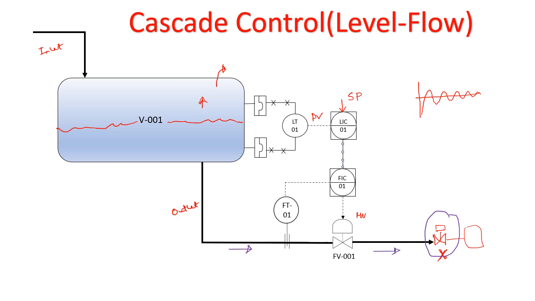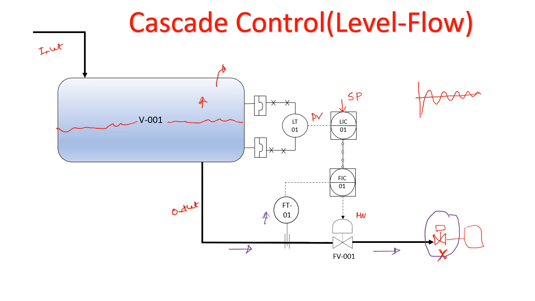What first senses that the valve is getting closed? It is the flow of this line, right? The flow of this line gets hit first. And after that, the level builds up and then the level transmitter measuring it will take some time, depending on how big the vessel is, how large the line is, and everything. But in any case, for any size of the vessel, for any size of the pipe, it is the flow that will always get impacted first before the level. So that's why the process designer thought, okay, let's install a flow meter here.